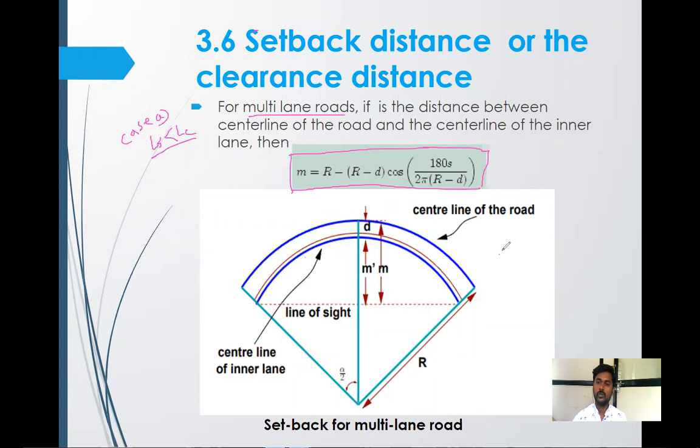Multi-lane road means what? We have provided the curve. Just write down the formula, no need to go for the figure. Like this, this is a two-lane road, and the vehicle is traveling from this lane.